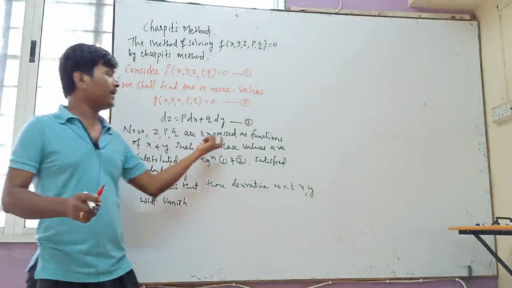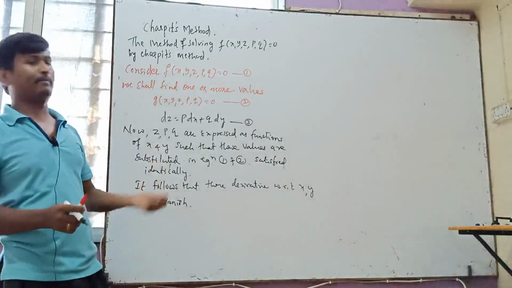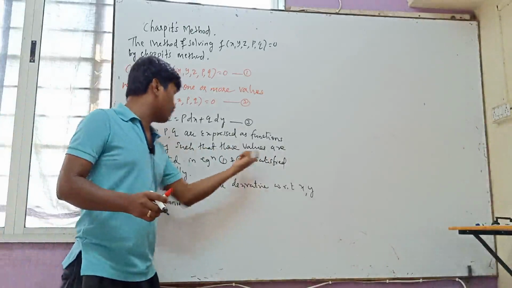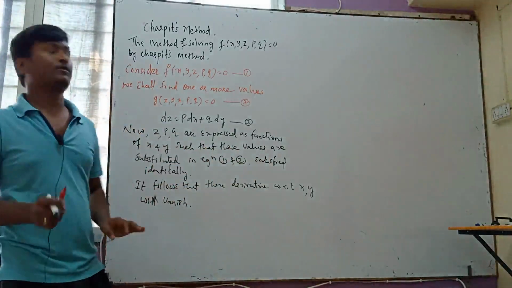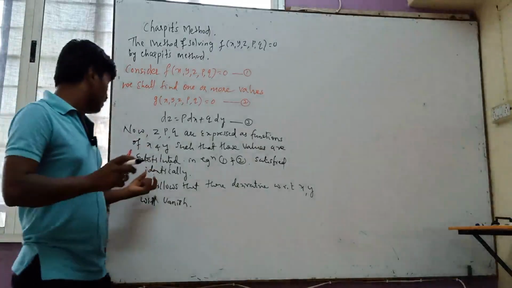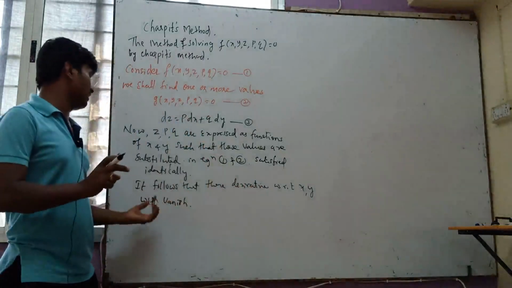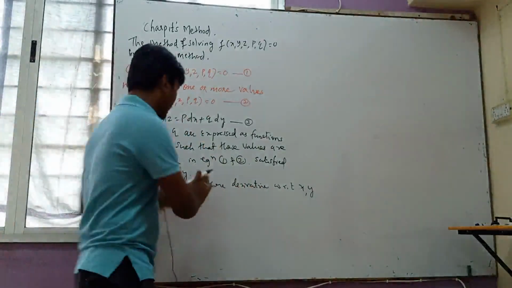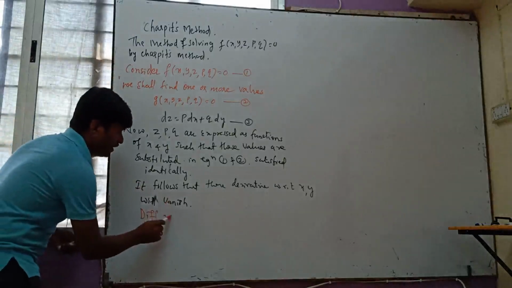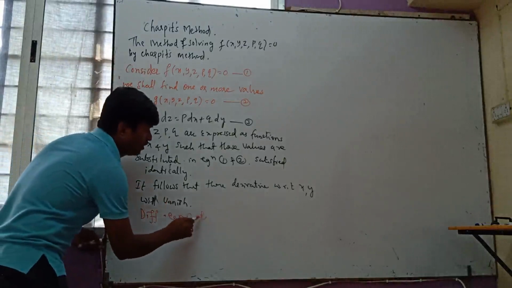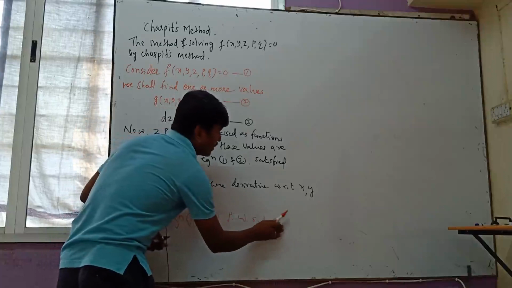Now z, p, q are expressed as functions of x and y, such that these values satisfy equations 1 and 2 identically. Identically means similar. So it follows that their derivatives with respect to x and y will vanish. Now according to this, differentiate equations 1 and 2 partially with respect to x and y.